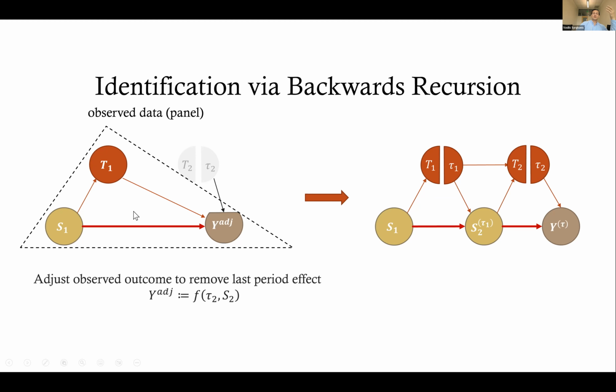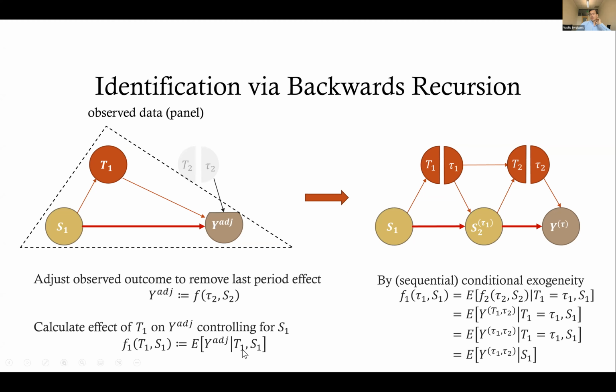So there is no second period treatment, there's no second period state, and we just have another controlling for exercise where our goal is to estimate the effect of treatment at period 1 on this adjusted outcome controlling for S1. Right? So we can estimate a new regression where we regress that adjusted outcome on T1 and S1, and by a similar derivation, you'll get that whenever you evaluate that regression function at any tau1, you'll get exactly the mean potential outcome that you care about, conditional on the first period state.